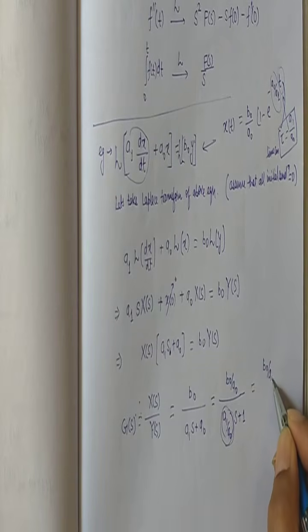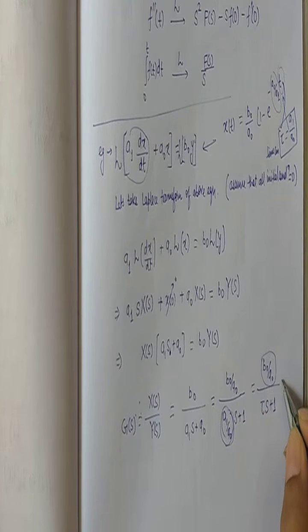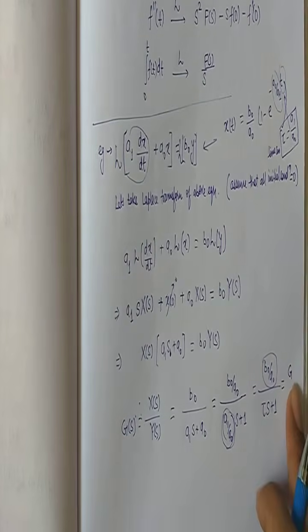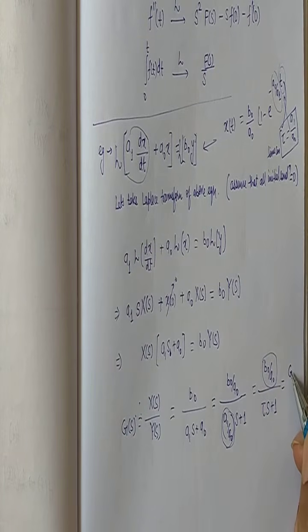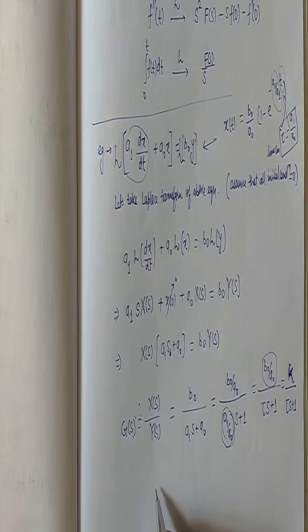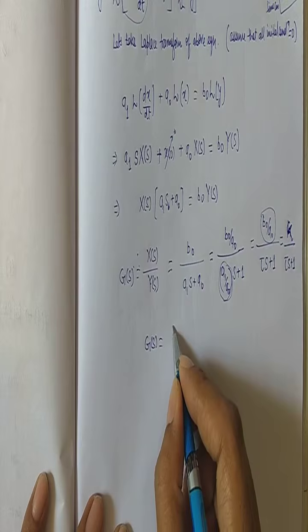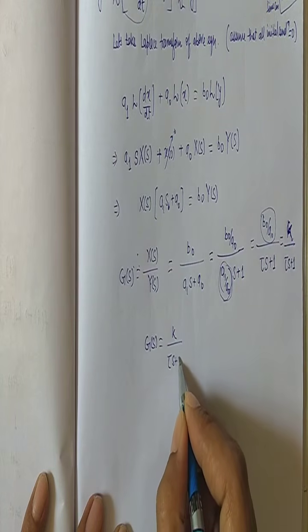So b0 by a0 divided by some time constant times s plus 1, and this we call some gain, which is not this g, this is some other g, or some gain k. To be more precise, we will write some gain k divided by tau s plus 1. Okay, now we have G(s) in the form of k by (tau s plus 1).